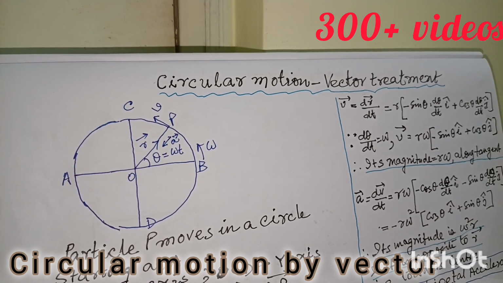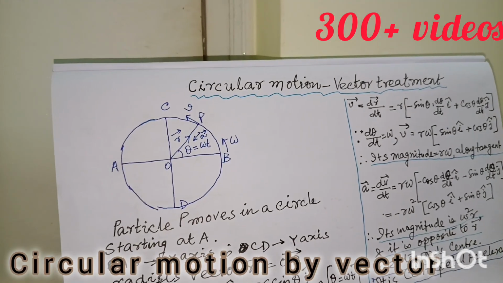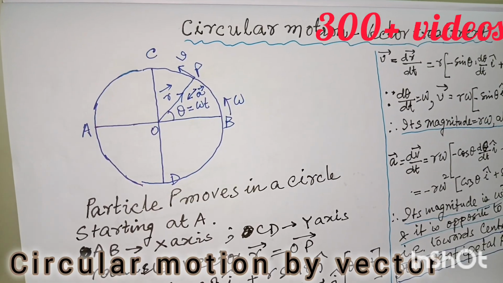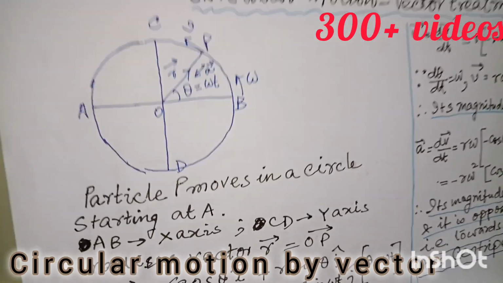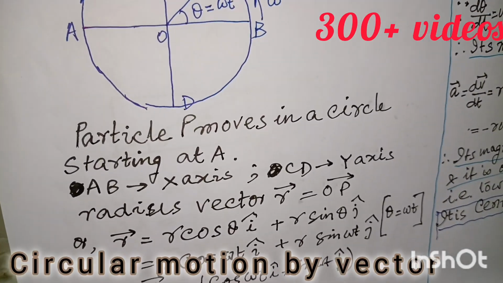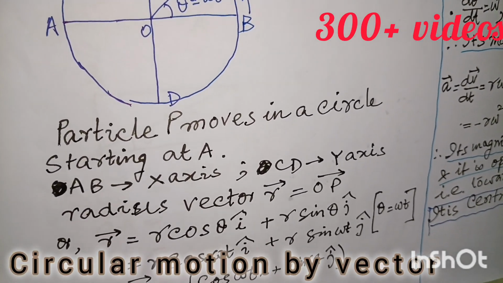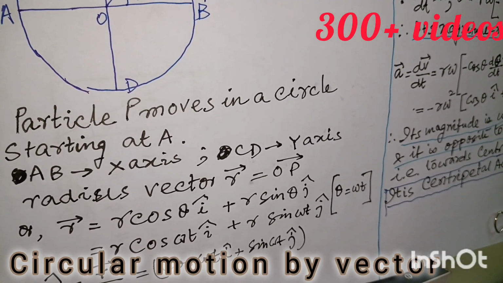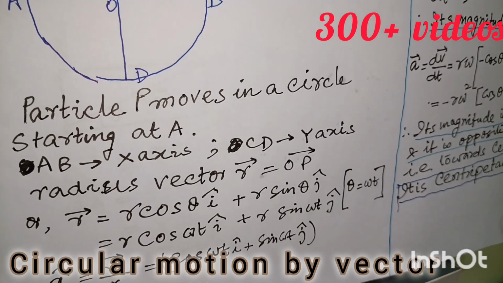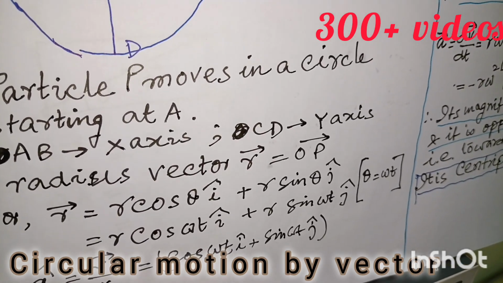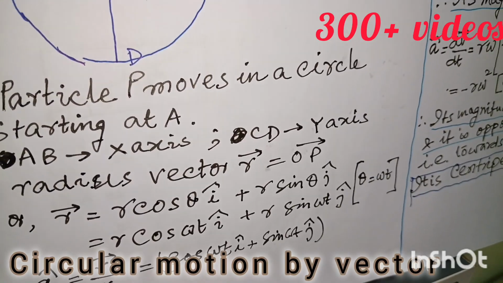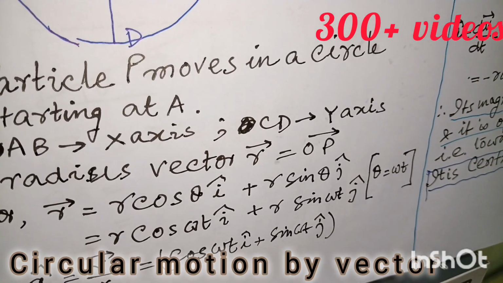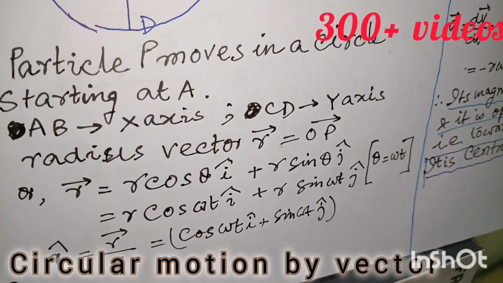In that case the particle has the position vector r, which has two components along the x-axis and y-axis. The x-axis component is r cos theta i cap and the y-axis component is r sin theta j cap. And we can write r vector as r cos theta i cap plus r sin theta j cap, which becomes r cos omega t i cap plus r sin omega t j cap because theta is omega t.